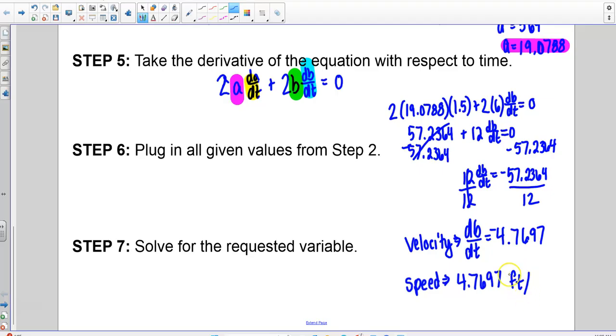And then what was the dt? That's change in time. What were we measuring time in for this problem? Seconds. So the ladder is traveling at a speed of 4.7697 feet per second whenever it hits Adam in the head. And if you needed further calculations, you could see what type of force that was.